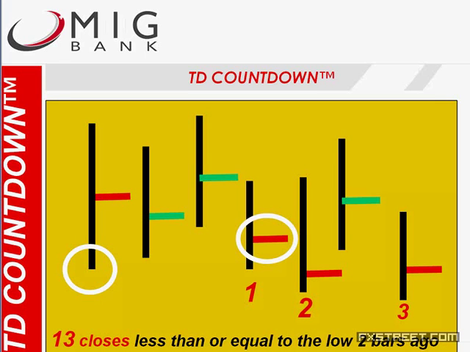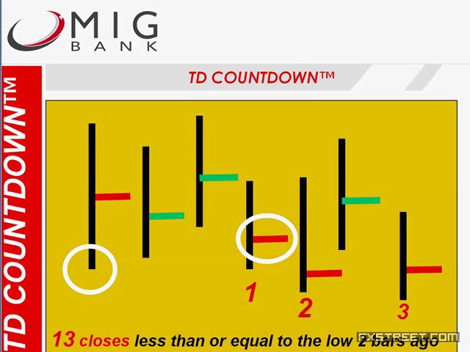Okay, now TD Countdown is the last and final stage. 13 closes. What we're looking for here is 13 closes less than or equal to the low 2 bars previous. So remember, the setup stage was looking at 9 consecutive closes compared to the close 4 bars previous. This is looking at 13 non-consecutive closes, and each must be less than or equal to the low 2 bars ago.